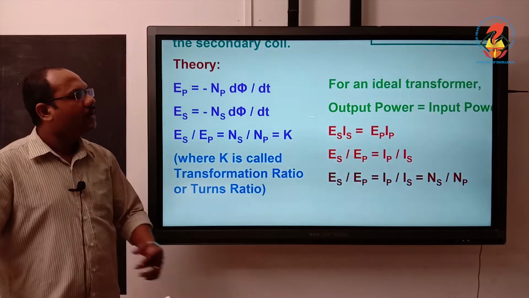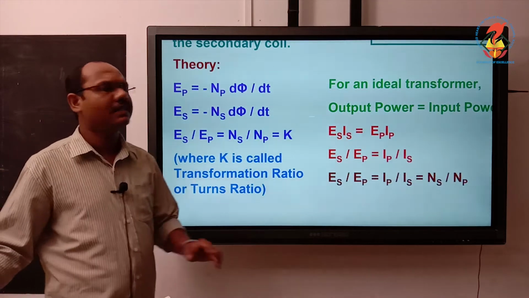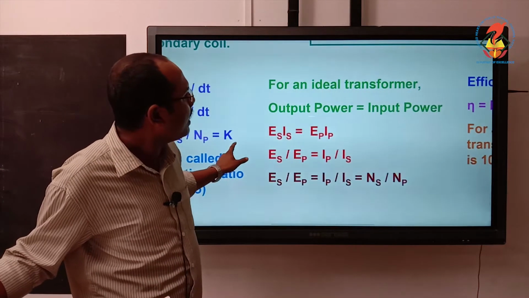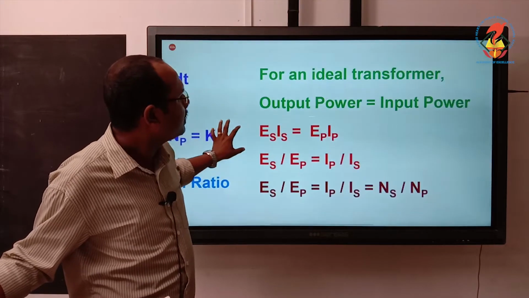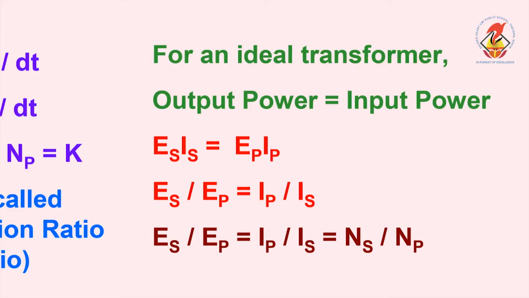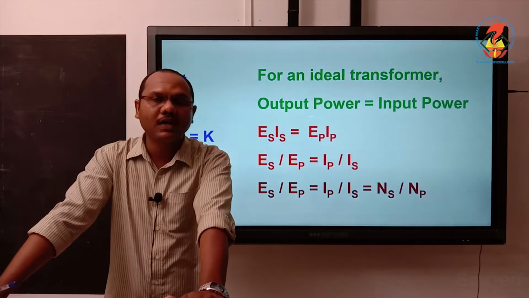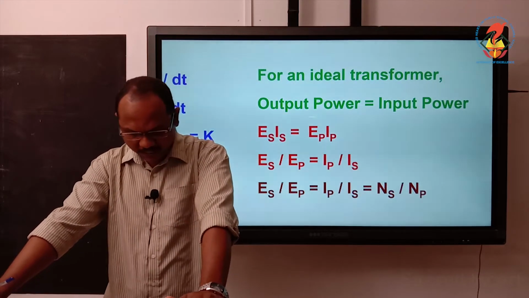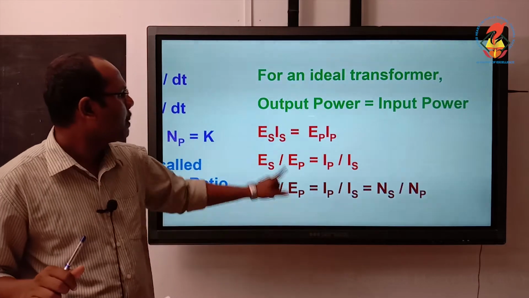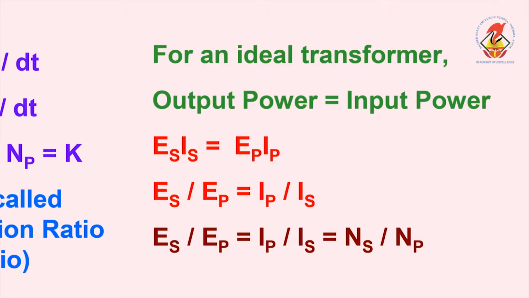Okay. Now for an ideal transformer, the output power is equal to input power, and we already know power is equal to voltage into current. So what I am doing here is, output power is output voltage into output current, ES into IS, and input power is input voltage into input current, EP IP.